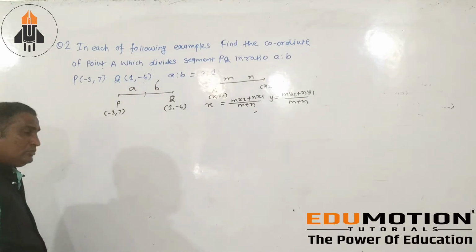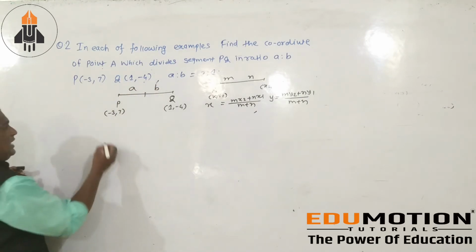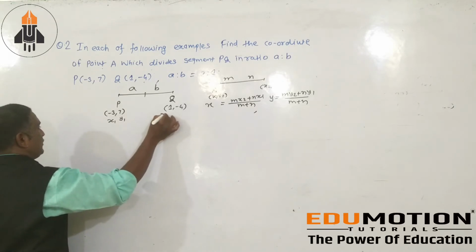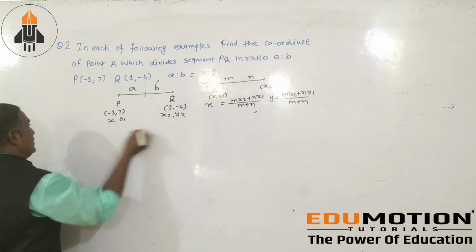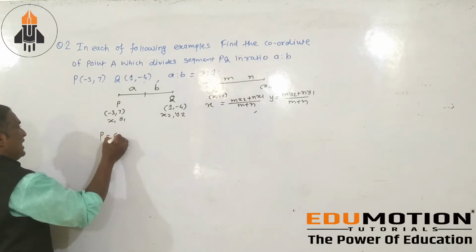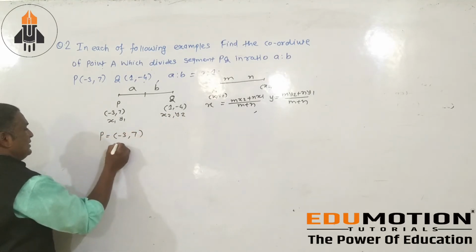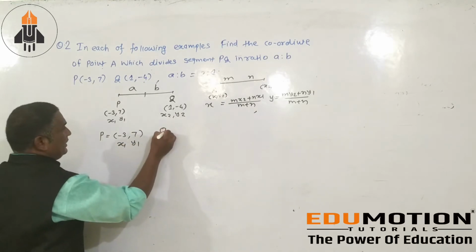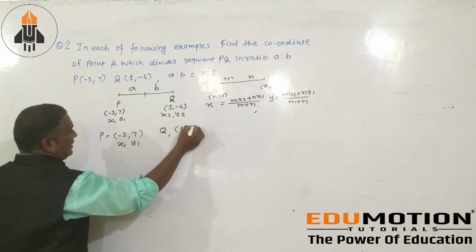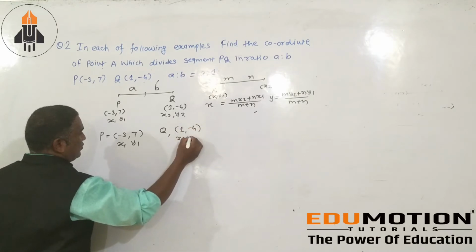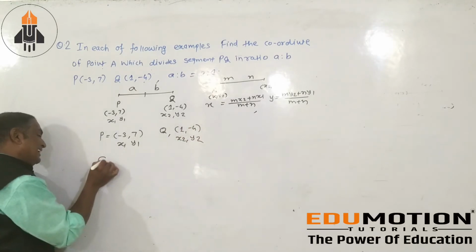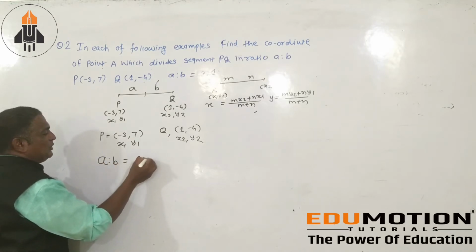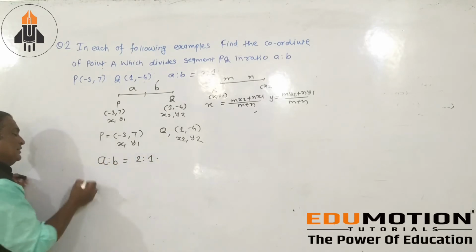Okay, then first we write x1, y1, x2, y2. P with coordinates minus 3, 7 is your x1, y1. Q with coordinates 1, minus 4 is your x2, y2, and a is to b equals 2 is to 1.